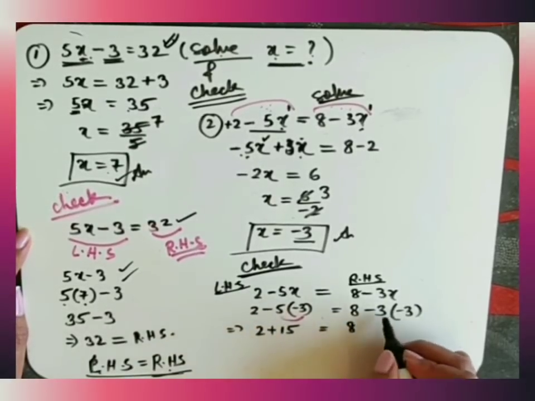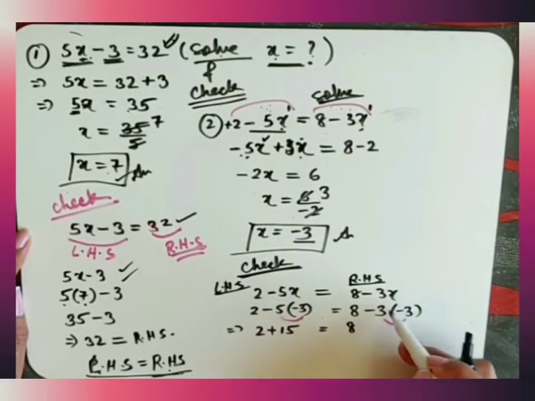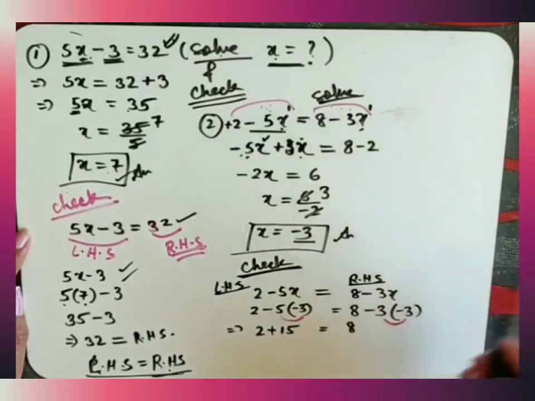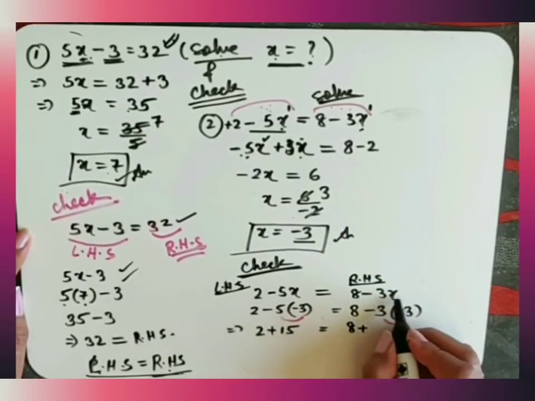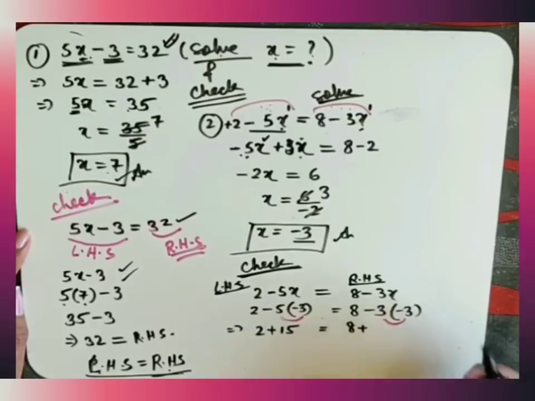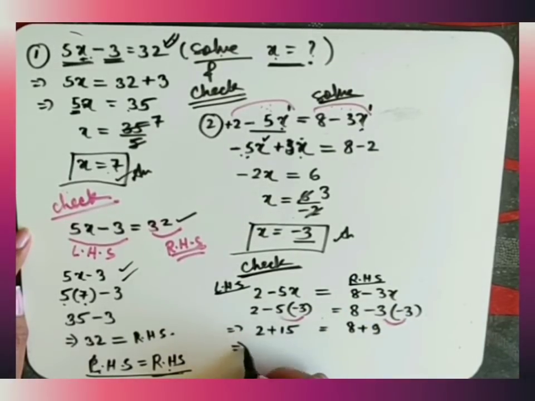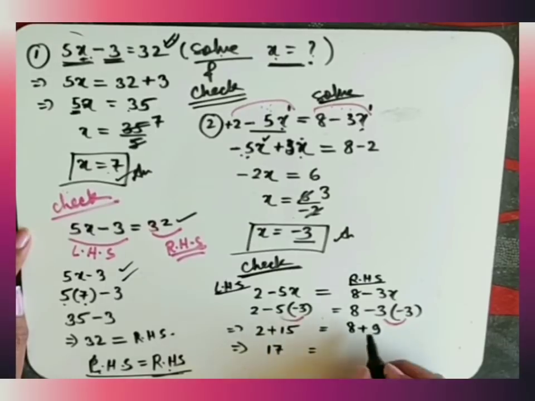Equal to 8, and again here minus times minus will be plus, and the number multiplied by 3 will be 9. So 15 plus 2 is 17, equal to 8 plus 9, which is also 17.